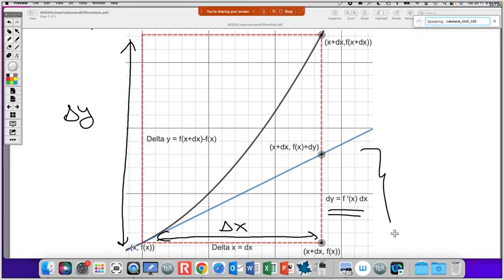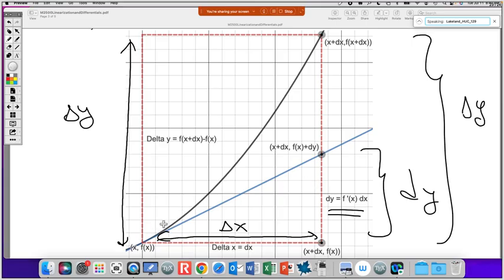So that's the change in dy versus the delta y. And you can see as you get closer and closer to this point of tangency, that the delta y and the dy get close together. Right? So that's just another way to express the local linearity.